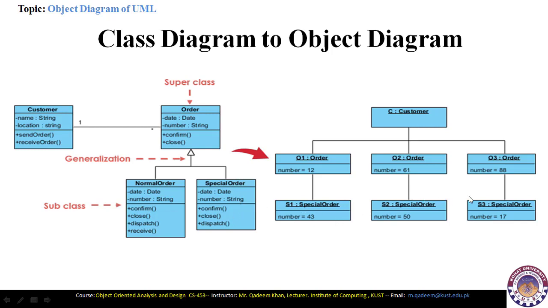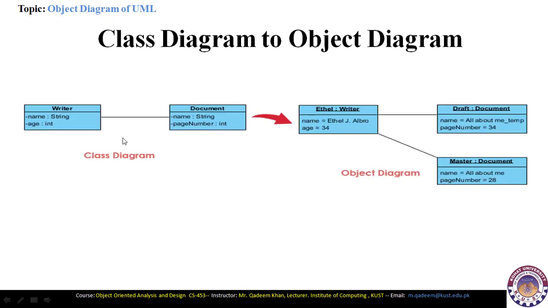That's why there are three different classes, and all of them have association relationships, not generalization or inheritance relationships. This is the difference between a class diagram and an object diagram in a particular unit of time. This is the particular unit of time when these orders are executed, or these orders are in fact placed by the customers.